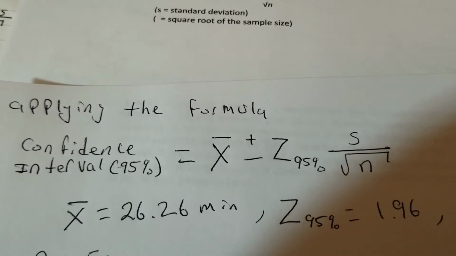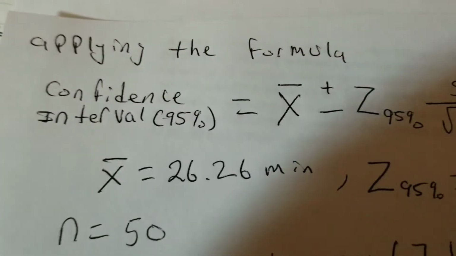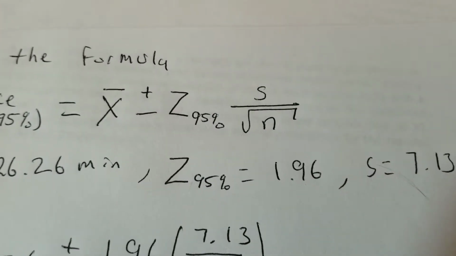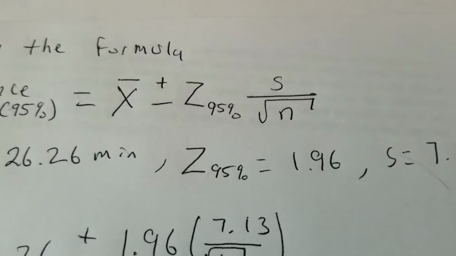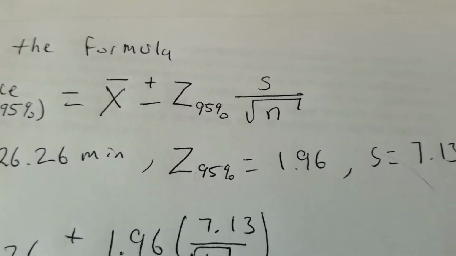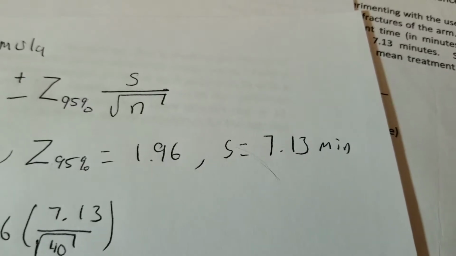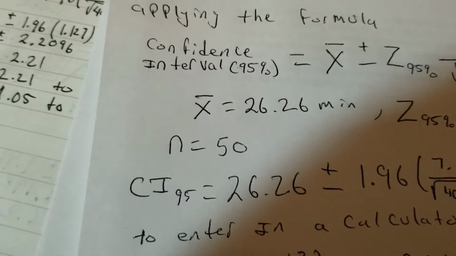So if we put that over here, we write everything down like this. My x bar is equal to 26.26. My z for the 95% interval is 1.96. My sample standard deviation is 7.13, and my n is equal to 50.